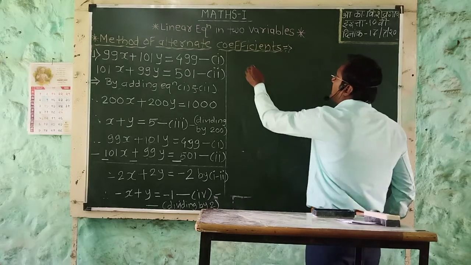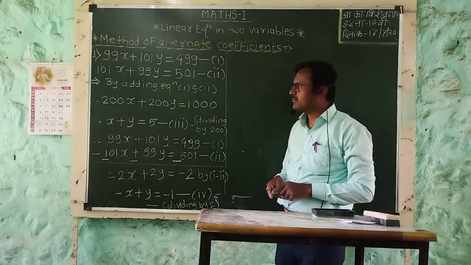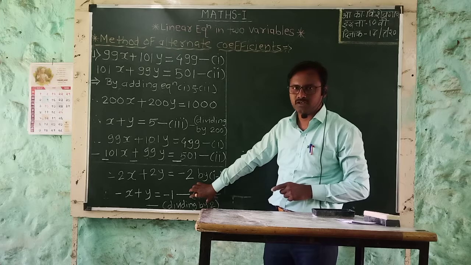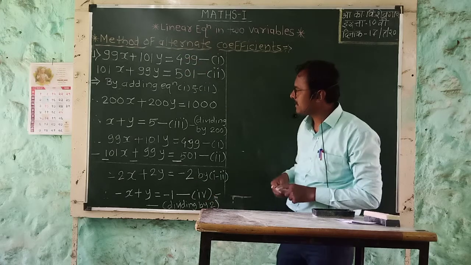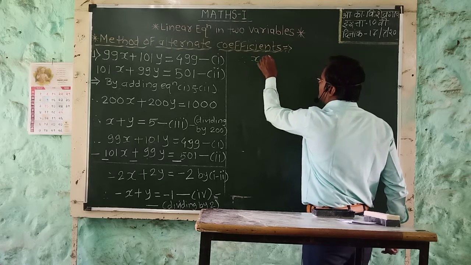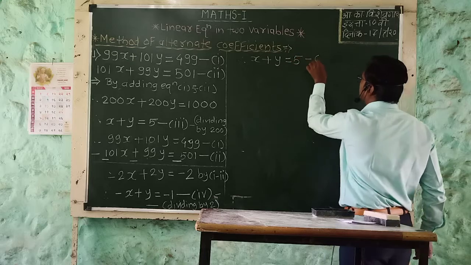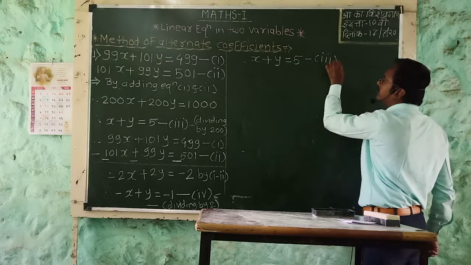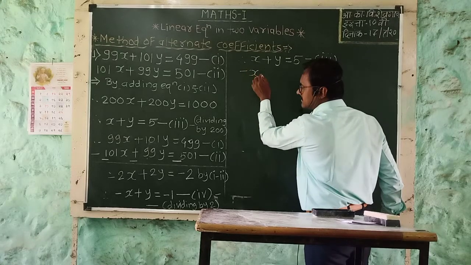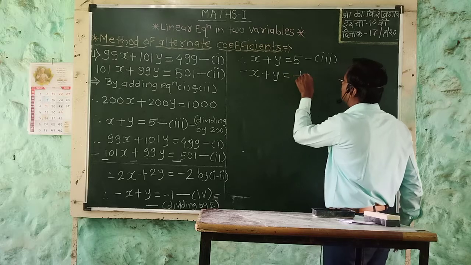The method states that I have to consider equations 3 and 4 to get the solution of the given equations. Equation 3 is x plus y is equal to 5, and equation 4 is minus x plus y is equal to minus 1.